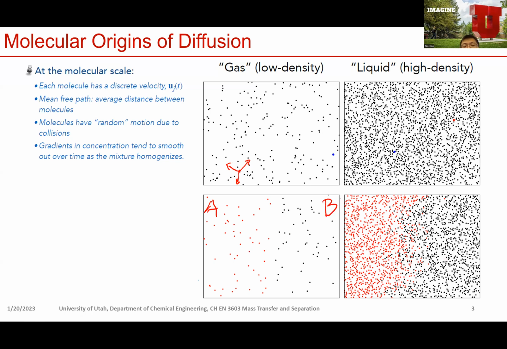Initially, they are separated by a wall or something, right? And then at some point you take out this wall. Before you take out this wall, there's no way that species A can go to the right and species B can go to the left, right? I mean, this is like when you cook, right?